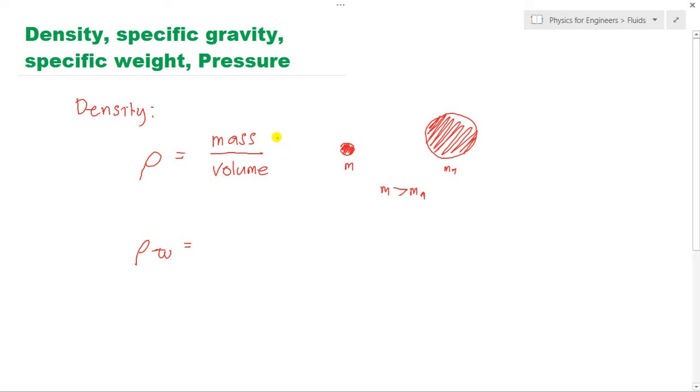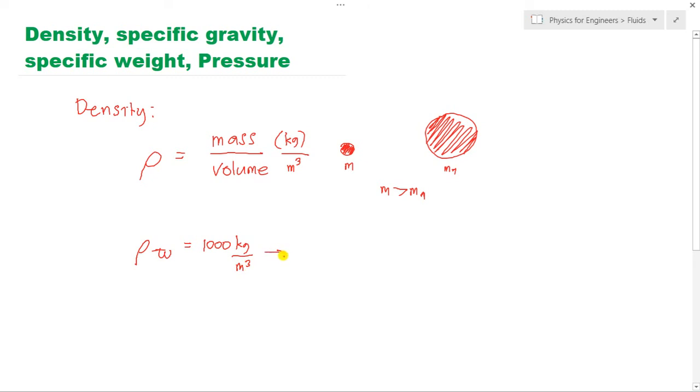For the density, let's go back to dimensional analysis. Mass is in kilogram, volume is in cubic meter. So therefore, this is our standard dimension for density, or you can have grams per cubic centimeter. Now for water, that is a standard 1000 kilogram per cubic meter.